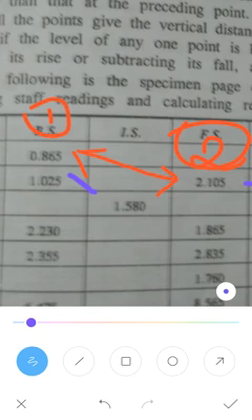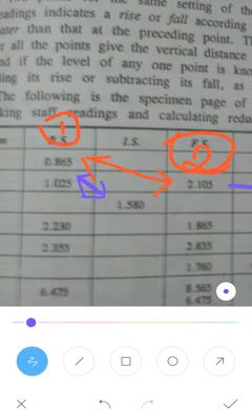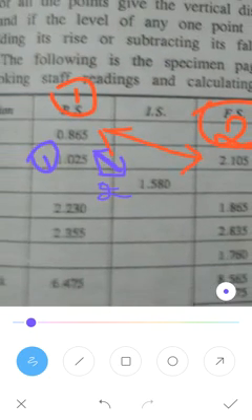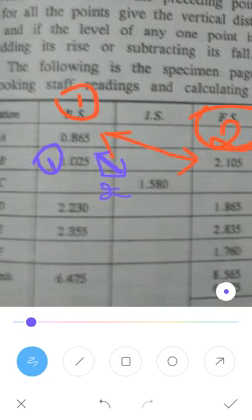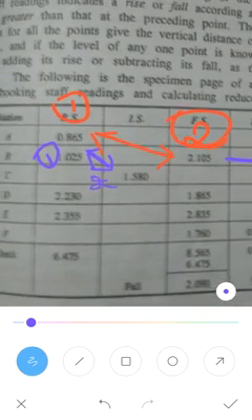Next, I told you in this shape only you have to take it. 1.025 minus 1.580: this is the first point, this is the second point. 1.025 minus 1.580, so you will get 0.555.